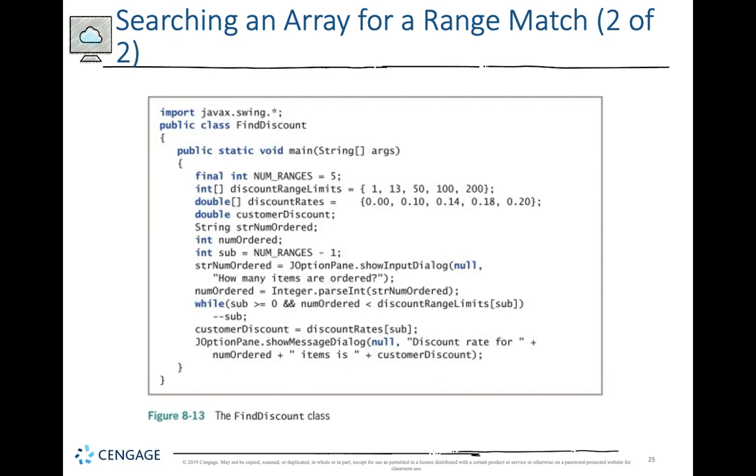So we take the number you entered, if that's less than the discount range limit of sub, and sub is 4, and so discount range limit, item number 4 would be what? 0, 1, 2, 3, 4, be 200, right? So the number you ordered, is it less than that? If it is, then we're going to decrement sub again.